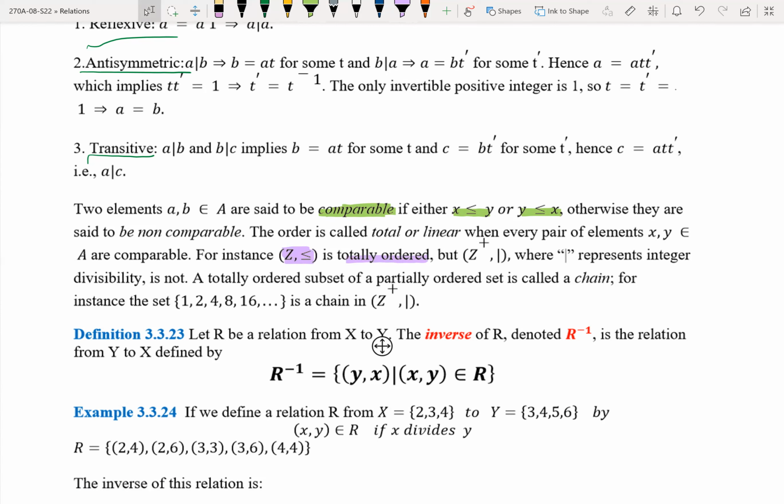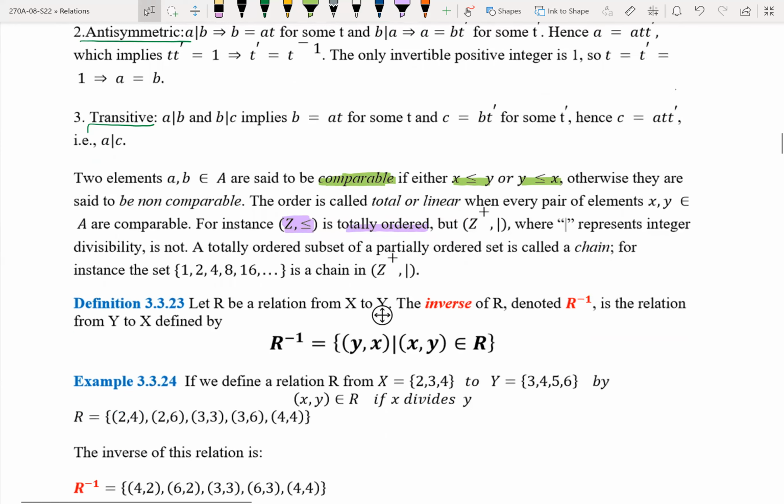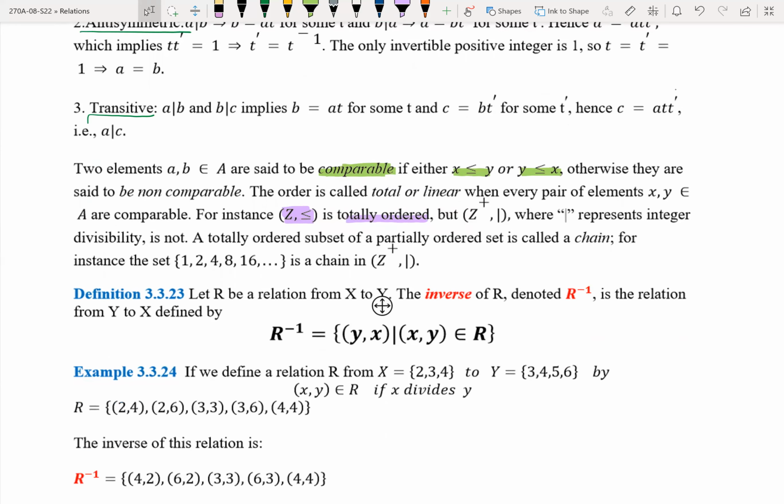So a partial order has only three properties, and if they are always comparable, so there are four of them, that's called totally ordered. That's what we know for integers and real numbers. They are comparable, right? So those are totally ordered relations.